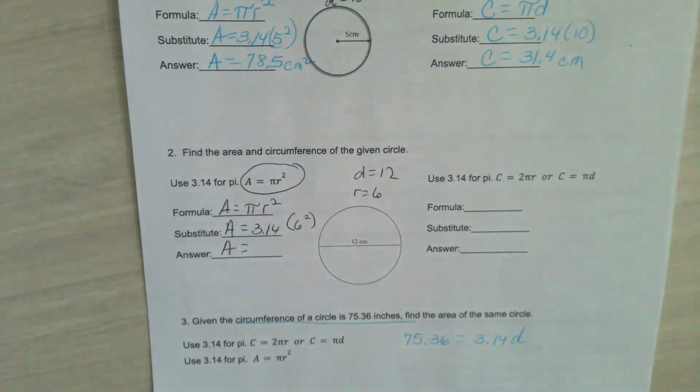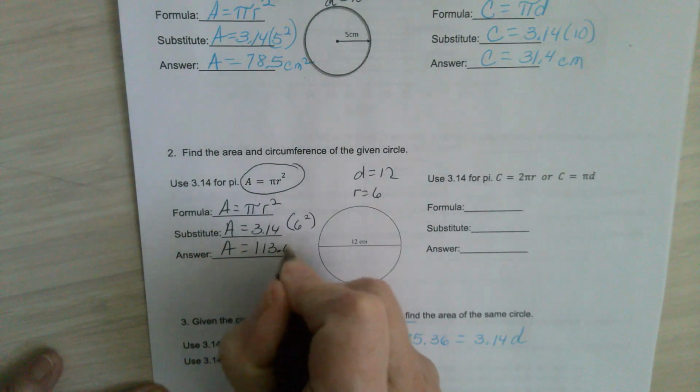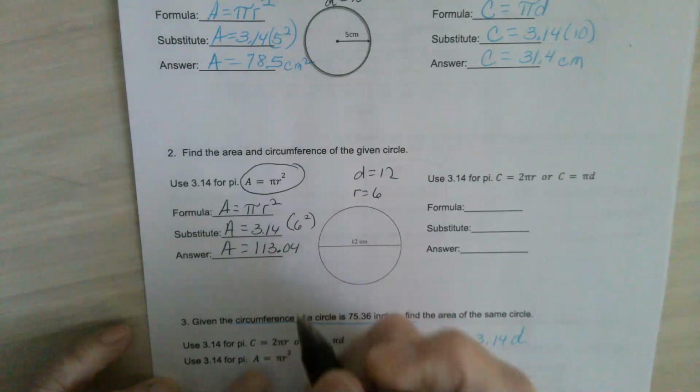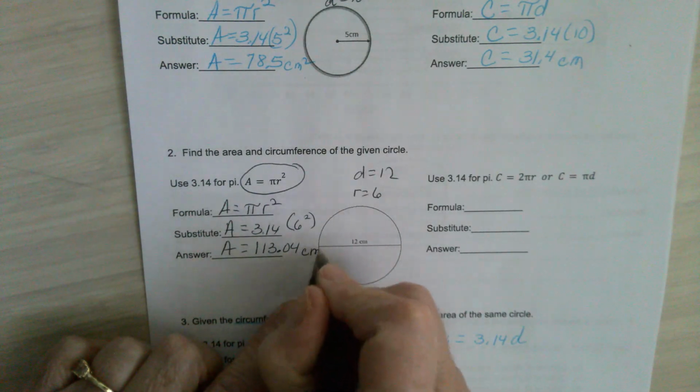So the area will be 3.14 times 36, and we get 113.04. Do not round unless it tells you to, and that's centimeters squared.